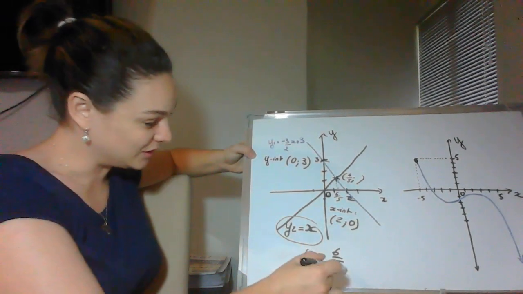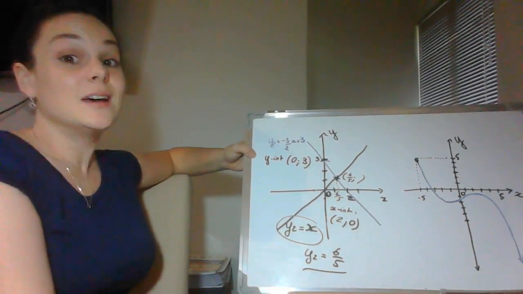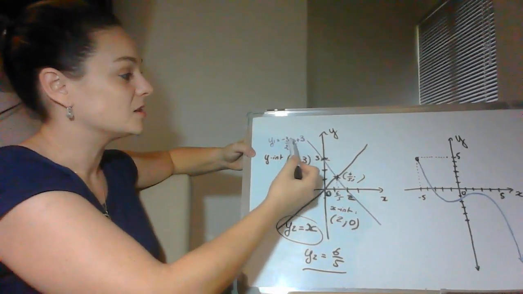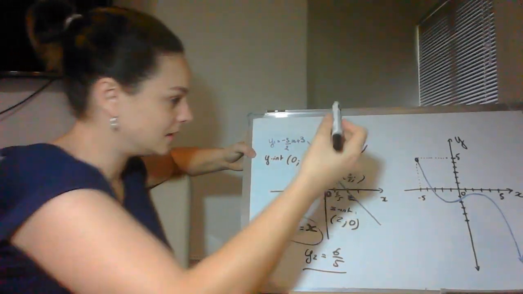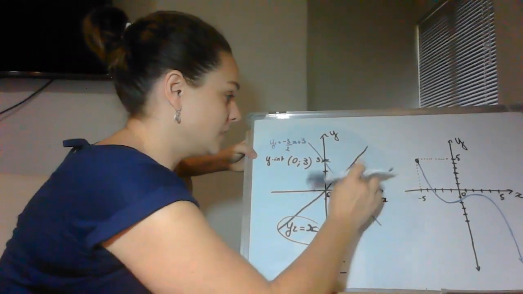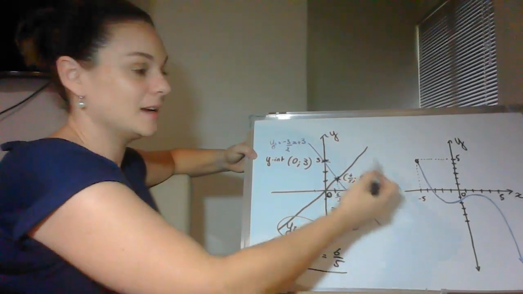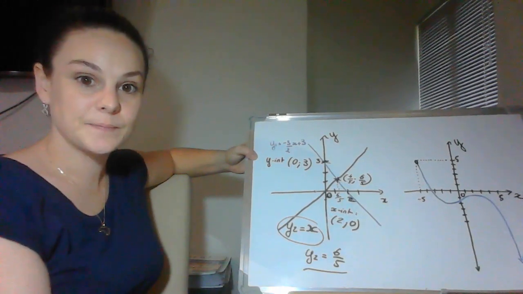I've got nothing to do, no calculation, because I've got y equals x. If I put the x in this equation, I just need to do the calculation to find the y value. And here I've got x 6 over 5 and y 6 over 5.